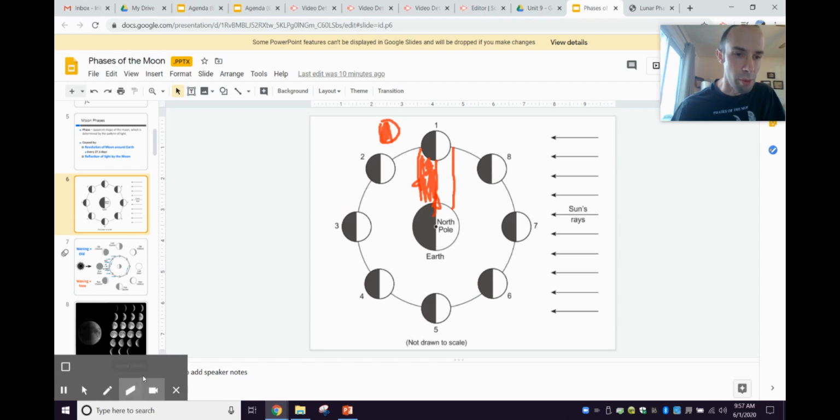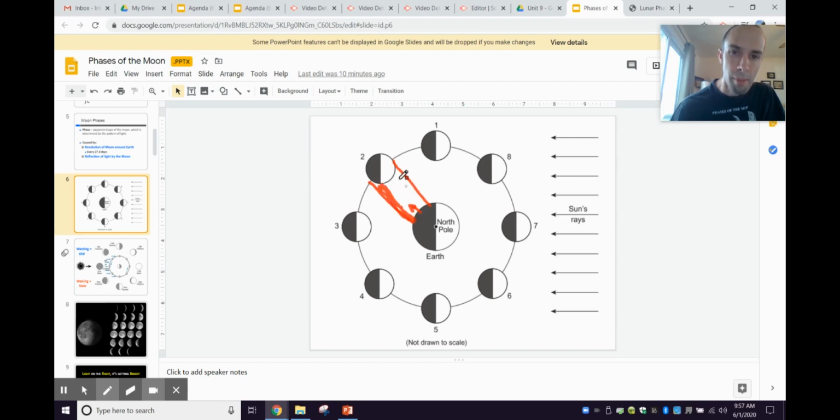Okay, I'm going to erase the board again. Let's take a look at this one, diagram number 2 in our picture. I'm going to draw what I see from the Earth perspective. And you can see there's a tiny little portion of this that is dark on the left-hand side. Most of it is lit up on the right-hand side.